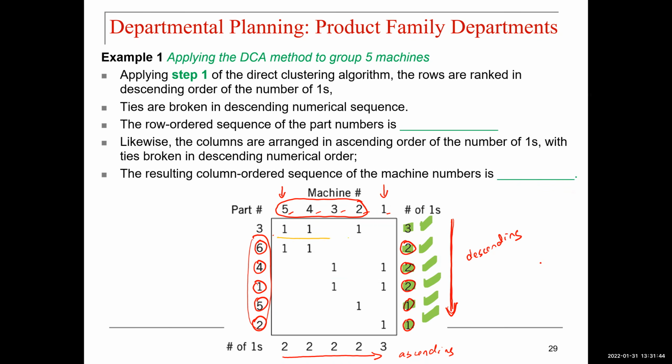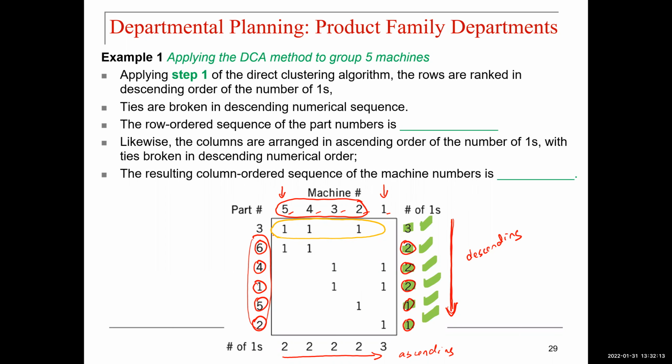I'm going to look into this first row, and I'm going to see whether for each machine type there's a 1 in that first row. The answer is yes. There's a 1 here for the first machine. There's a 1 here for the second machine. There's no 1 here, and there's a 1 here. So that means that I can shift this to the left.